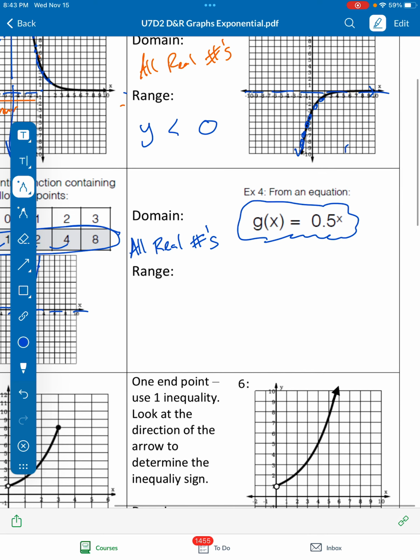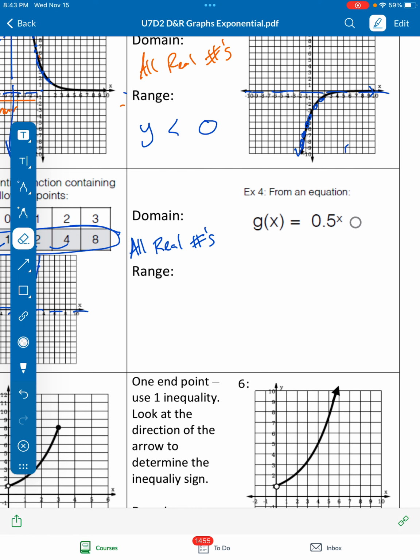Okay. And then the range, a little trickier here. I'm going to give you a little pro tip that we really don't see a whole lot. Typically, when we look at our equations in Algebra 1, our asymptote will always be at y equals 0.